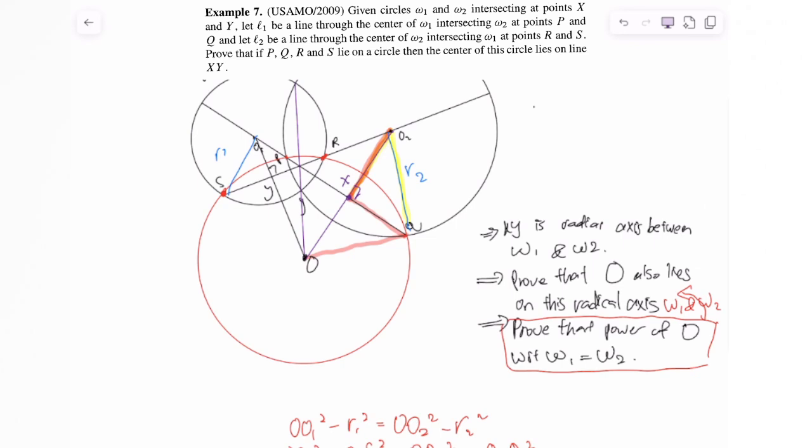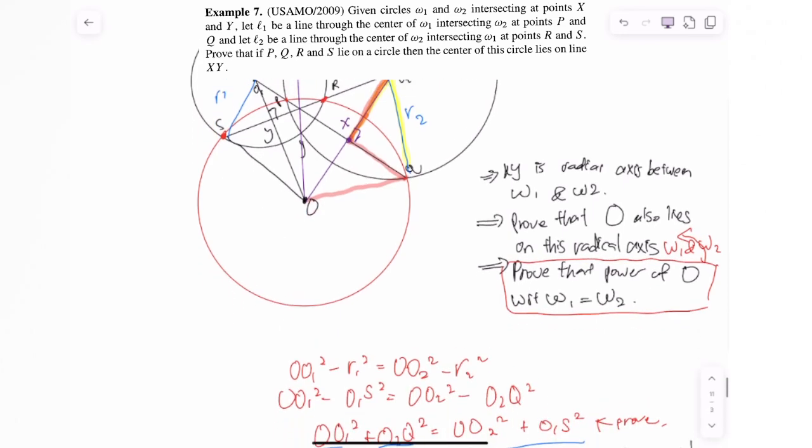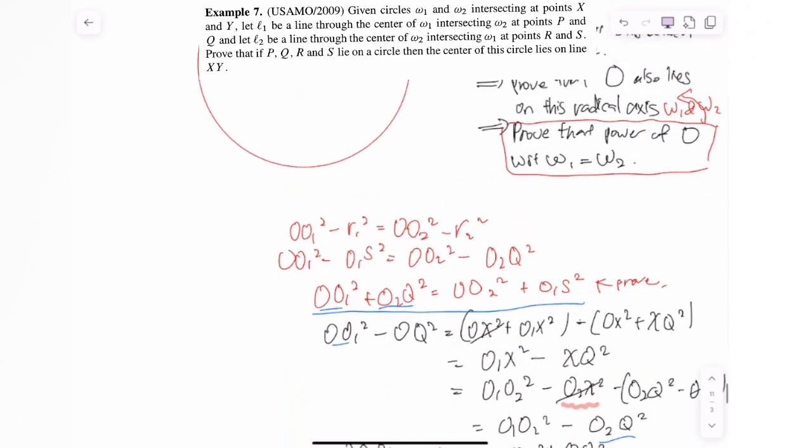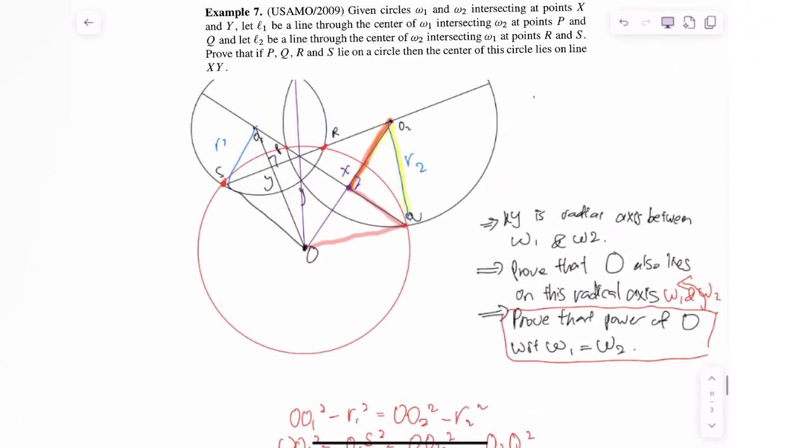Let's call this y. It's 90 degrees, and you get the same kite structure that you can manipulate here.